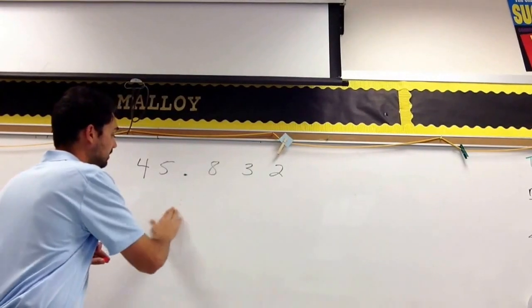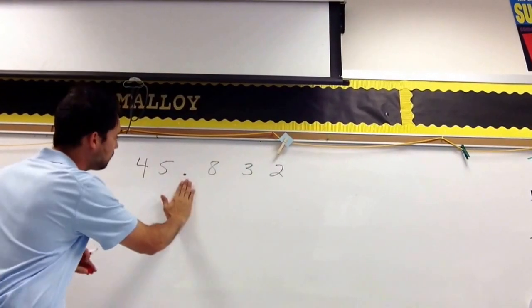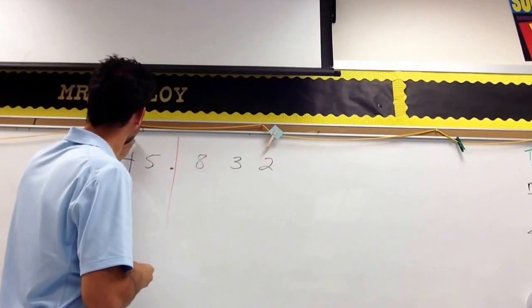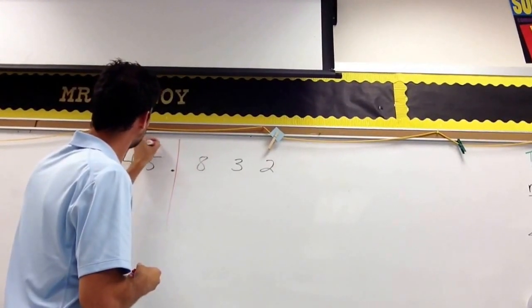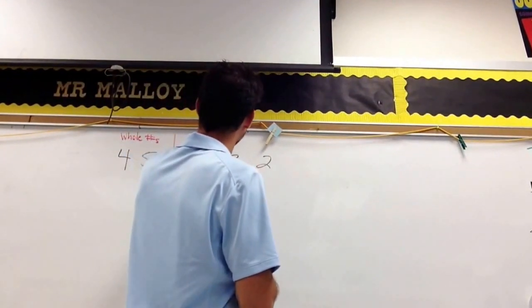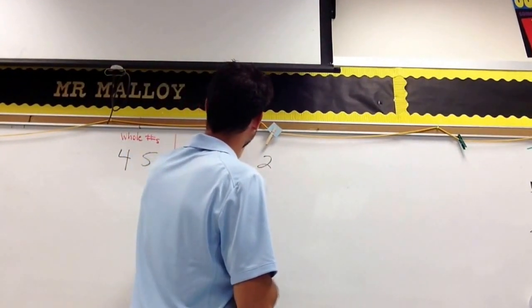Okay? So, from the decimal point to the left, we have our whole numbers. From the decimal point to the right, we have our decimals and our fractions.